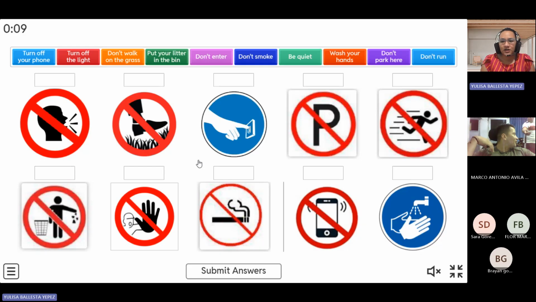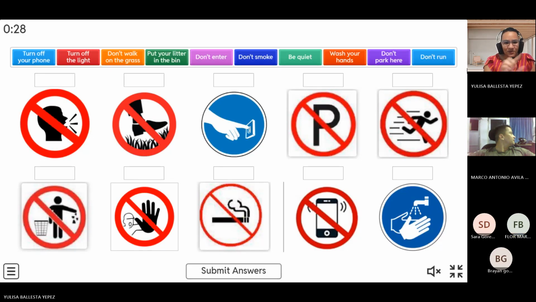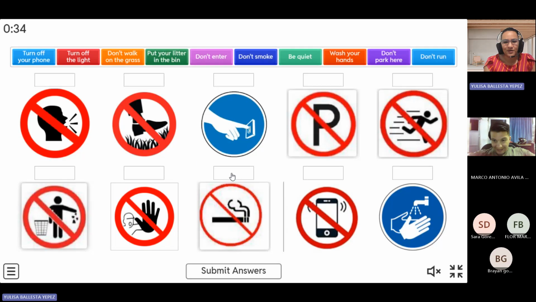Could you please, Flor, give me one of these, taking into account the picture? Number 8? Don't smoke. Yes, very good. Number 8, don't smoke. Very good.